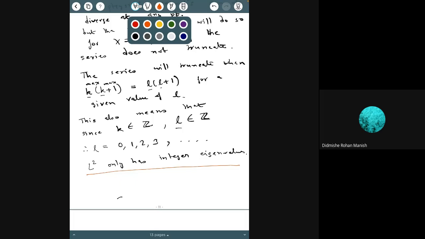For a given value of L, if the odd part of the solution truncates, then the even part will, by construction, not truncate, because the k ranges will only go over the odd numbers. So if L is an even number, then only the even solution will truncate, and if L is an odd number, then only the odd part will truncate.